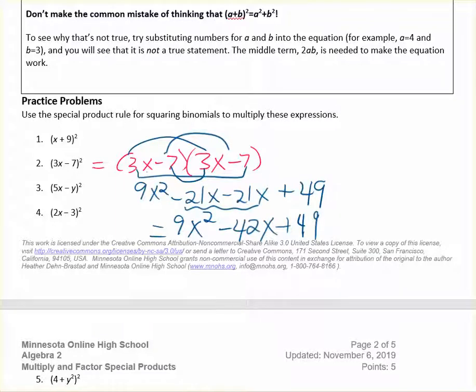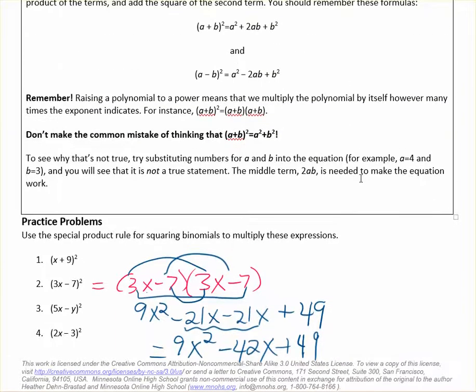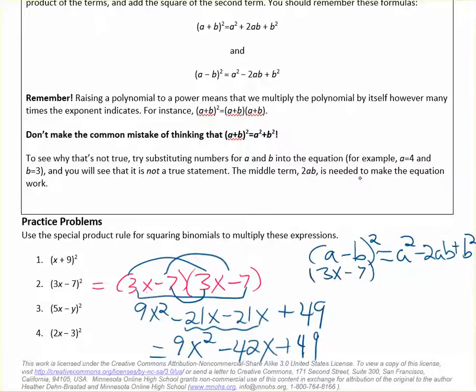The formula says that this one is the a minus b format, because there's a minus sign in there. That will be equal to the first term squared, minus 2 times the first term times the last term, plus the last term squared. So in ours, a is 3x and b is 7.